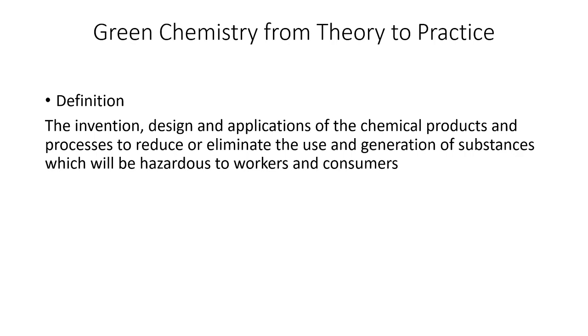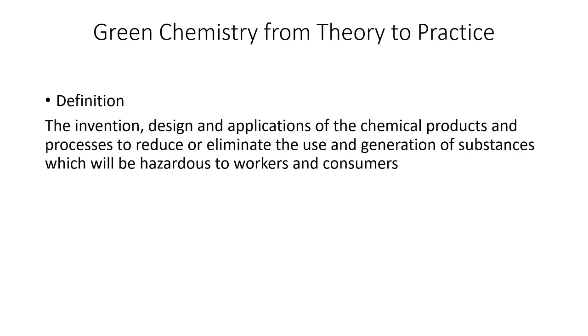It may be a worker or it may be a consumer. You may observe that it may not affect immediately, but in the long run it is going to harm all the people. So this is the basic definition of green chemistry.